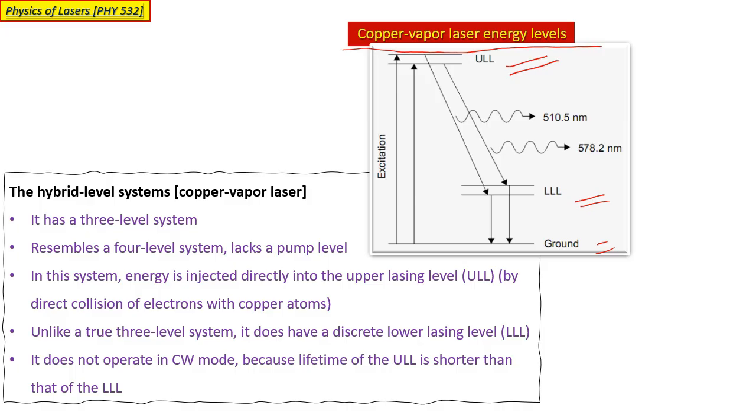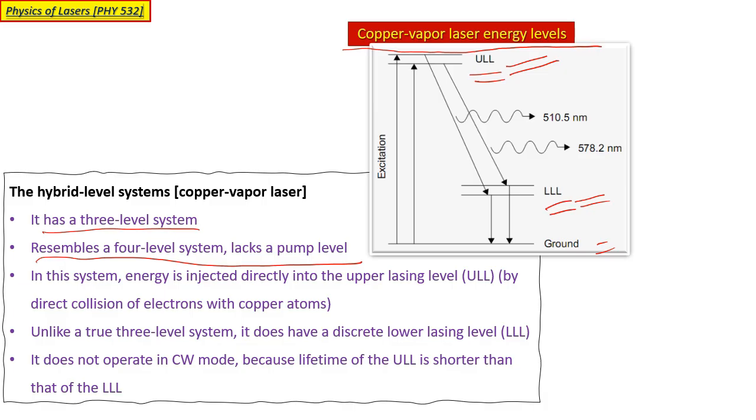Copper vapors: we vaporize the copper and fill it in a tube. It is a 3-level laser, and it resembles a 4-level laser system, because in a 4-level laser system we have ULL and LLL.